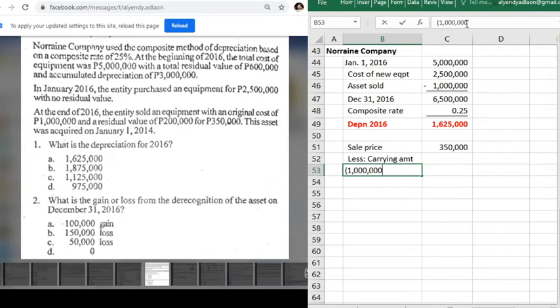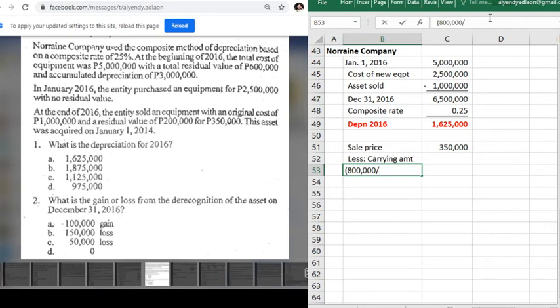That is 2014, 2015, then 2016. So there would be a 3-year depreciation. So 1 million minus 200,000. So that is 800,000, right? 800,000 divided by the number of years.